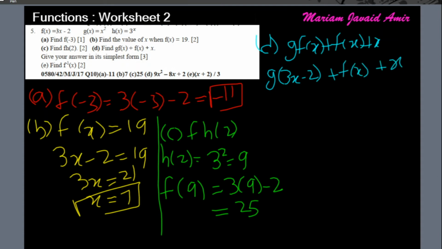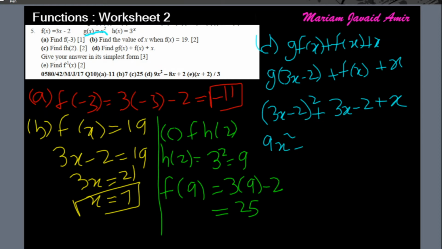So g of 3x - 2 becomes (3x - 2) whole squared, because in the function g I've replaced x with x squared, plus 3x - 2 plus x. Open the brackets, (a - b) squared: a squared minus 2ab.